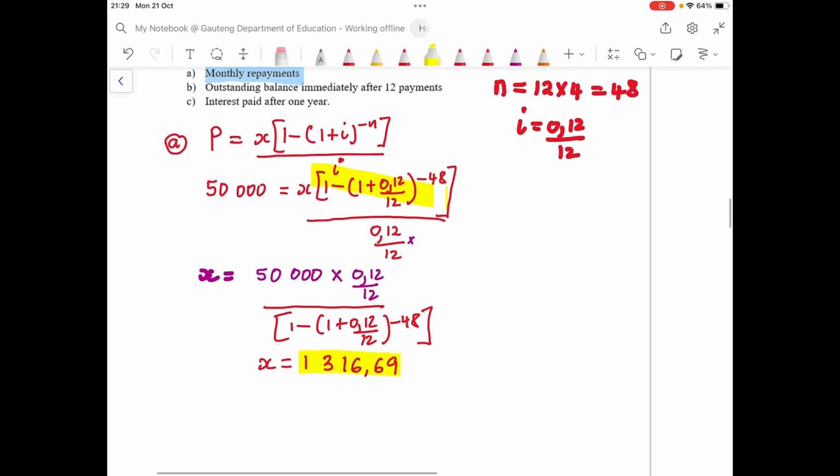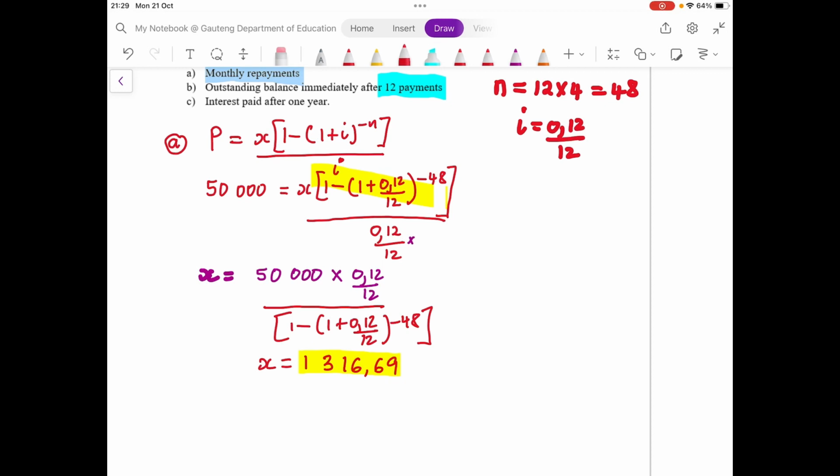And then number two, calculate the outstanding balance immediately after 12 payments. So after this person has made 12 payments, how much is this person owing?